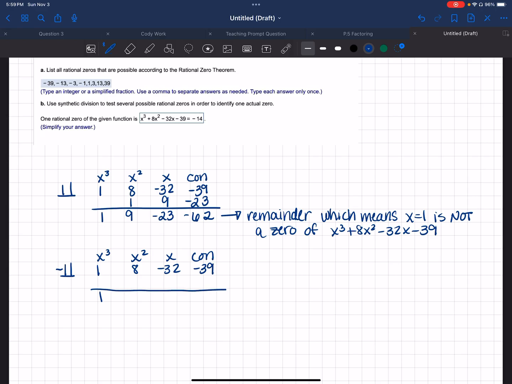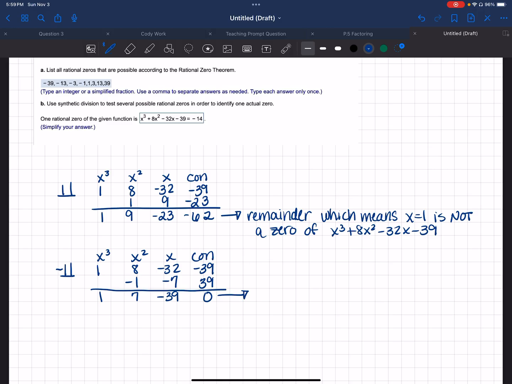Now I'll bring down that 1. Negative 1 times 1 is negative 1. 8 and negative 1 is 7. Negative 1 times 7 is negative 7. That's negative 39. Negative 7 and negative 32 is negative 39, and negative 1 times negative 39 is positive 39. And that gives me 0.